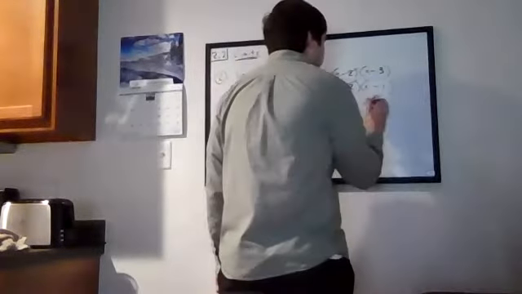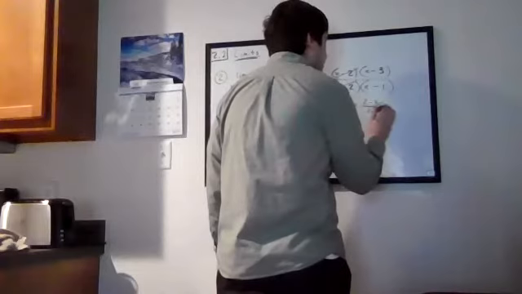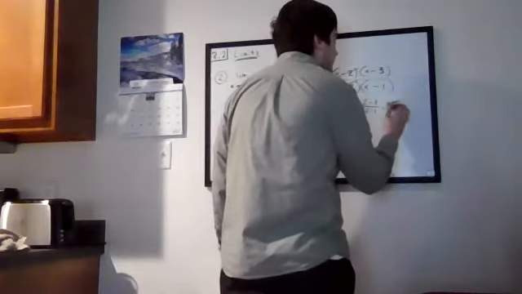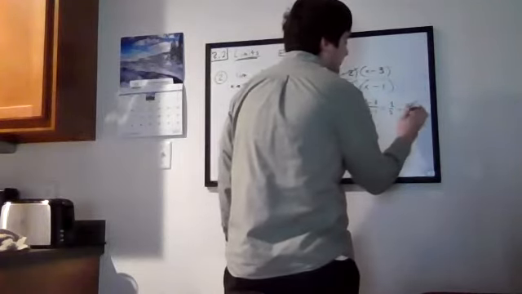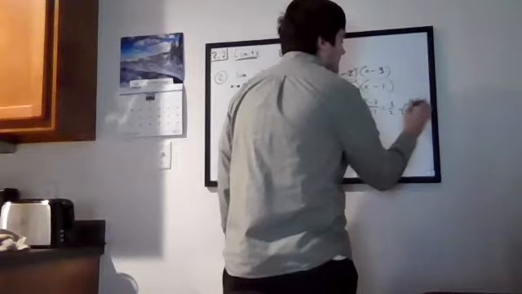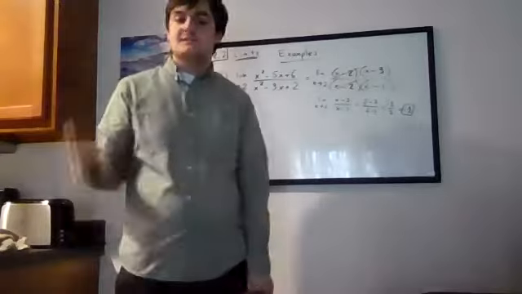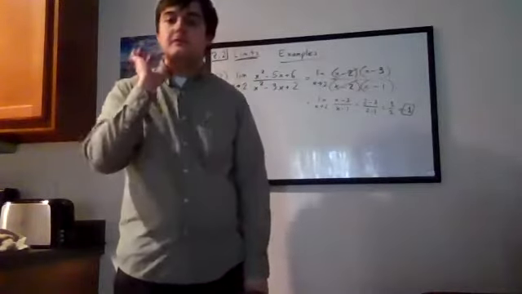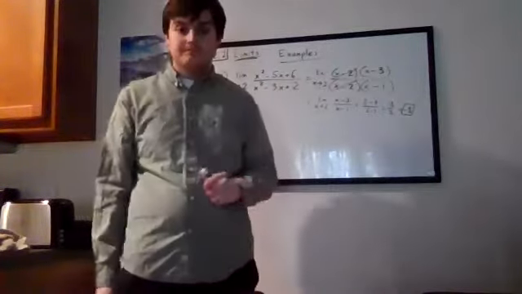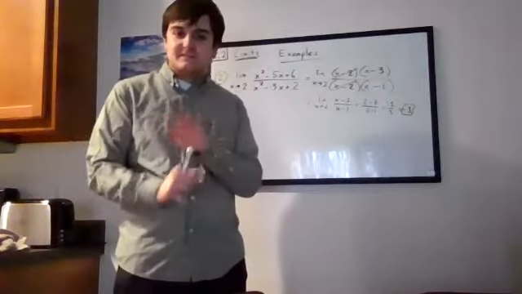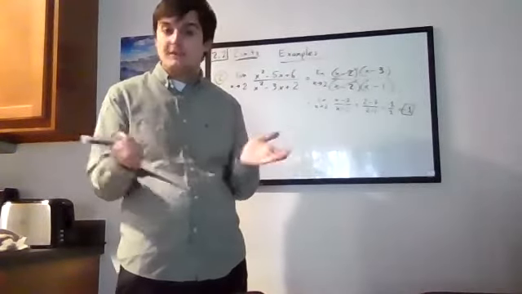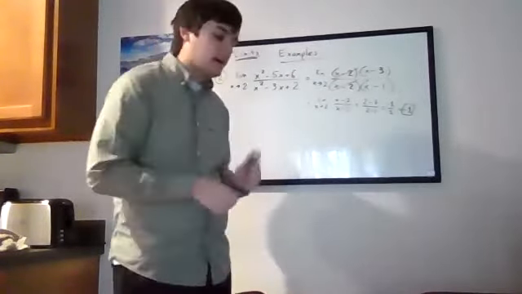I'm going to get 2 minus 3 over 2 minus 1, which is negative 1 over 1, which is simply minus 1. And so that would be our final answer. Okay, that's all you have to write. If it just asks for a limit, then all you have to write in that case is minus 1. Okay, does that make sense? Hopefully. Awesome. Okay.